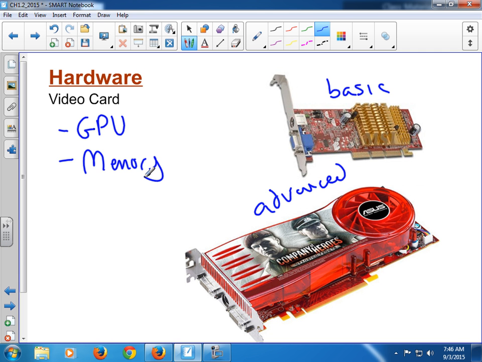Okay. On a basic card or an integrated card, many times there's no memory chips on this card at all. Okay? And if I'm saying to you that graphics requires its own memory, and then say I'm going to put in a graphics card with no memory, where therefore must the memory come from?